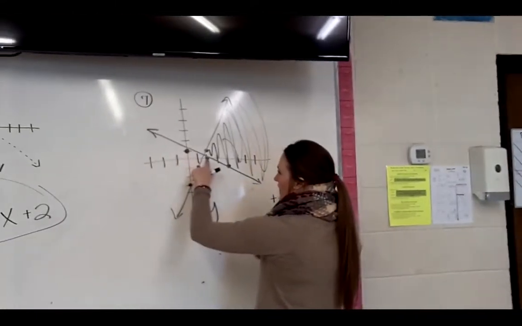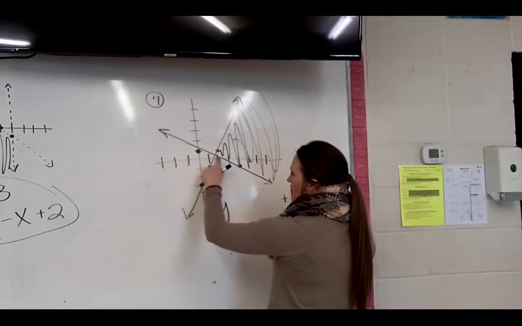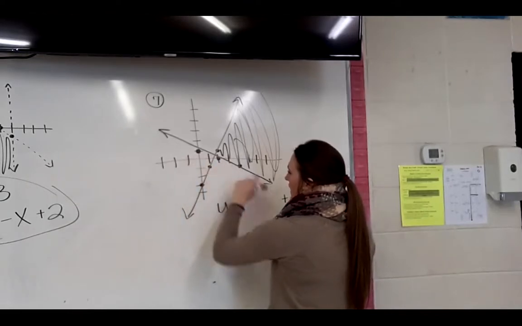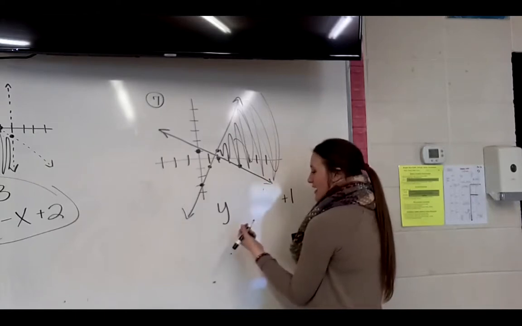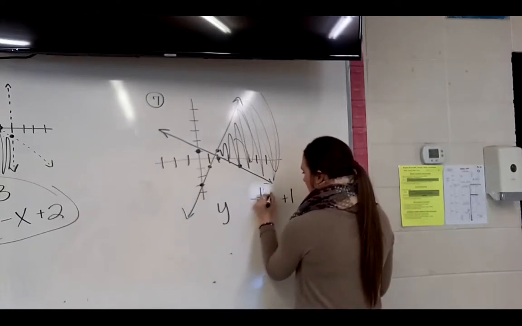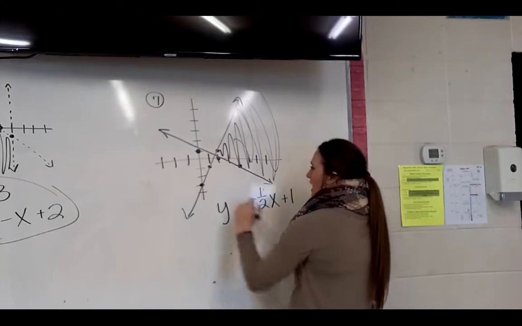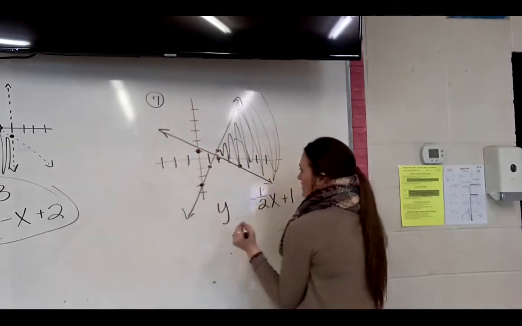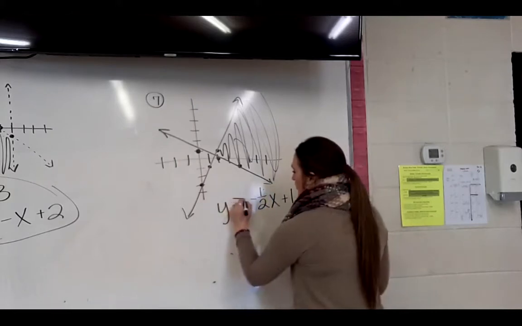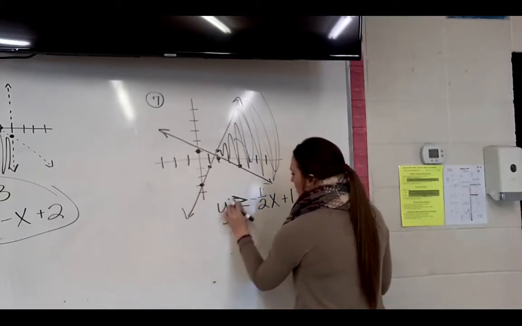From there to the next point, it goes down 1, right 2. And it continues that. So down 1, right 2 would be -1/2 x, because that's your slope. And then you look at this line, it is shaded above that line. So that would be greater than or equal to.